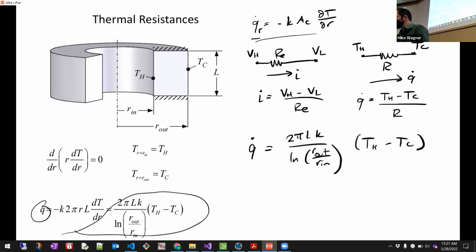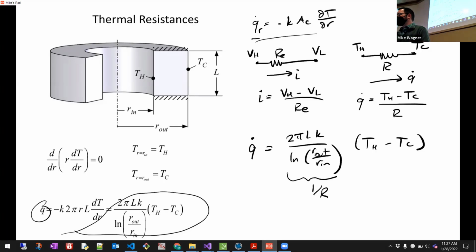The resistance in this is going to be this guy here. By convention, we say that resistance goes in the denominator. So actually this becomes 1 over our resistance. So now we have this convenient expression for the resistance in the cylindrical geometry. Anytime we have a cylindrical geometry and we want to compare the resistance due to conduction to something else, we can just pull out this formula and use it, right?